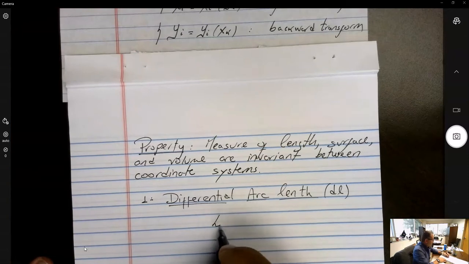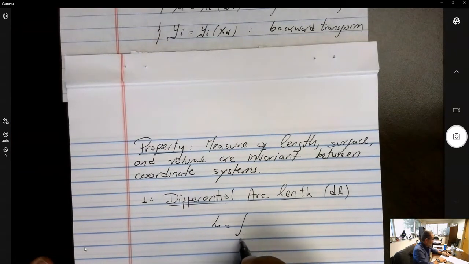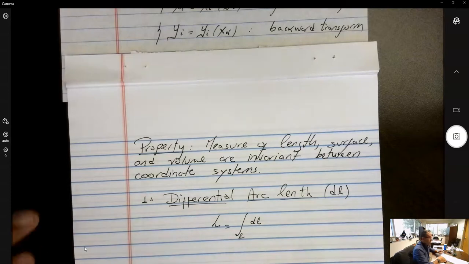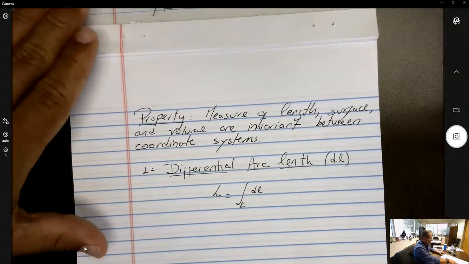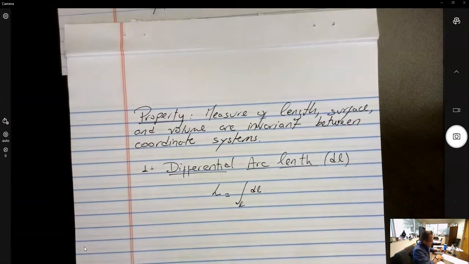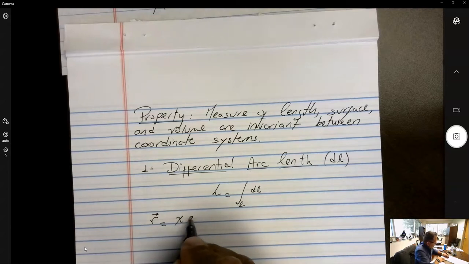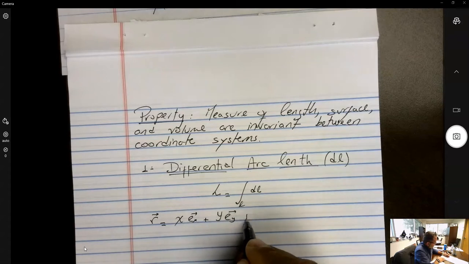So the length of anything will be the integral over that chord dl, right? So we need to be able to express this dl in terms of the differential, in terms of the generic or general curvilinear coordinate system. So let's start with the position vector again. That would be x, y, and z.